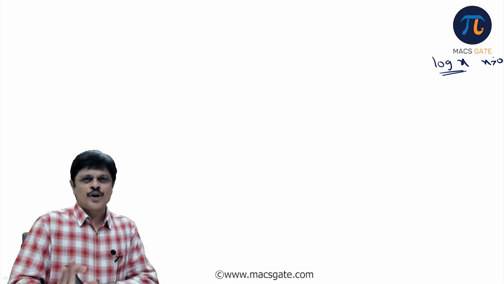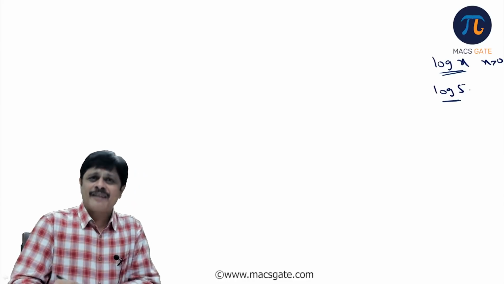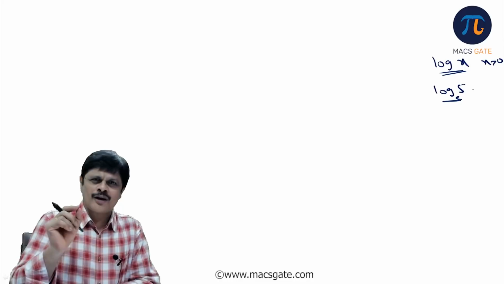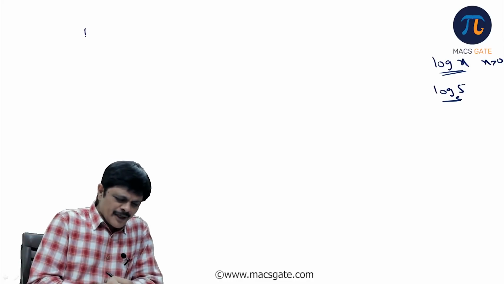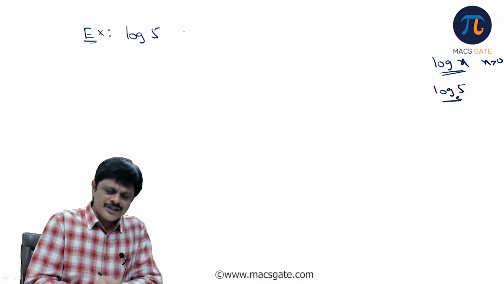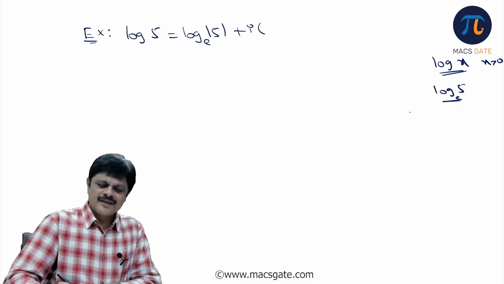Now one interesting thing which I tell you. See, you know log for a real number is defined only when x is positive. It is not defined for negative values. And for example, if you take log 5 to the base E, it is a unique value in real calculus. But here, if you see log 5 according to this definition, it is log mod 5 to the base E plus I times the argument of 5.